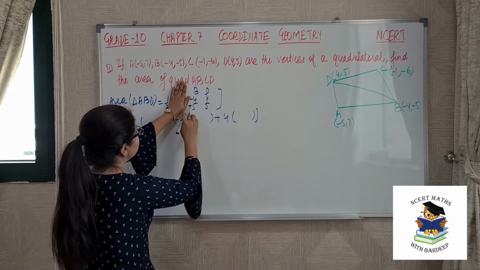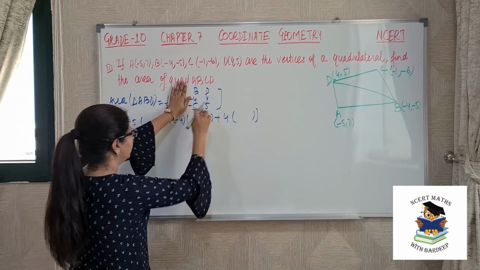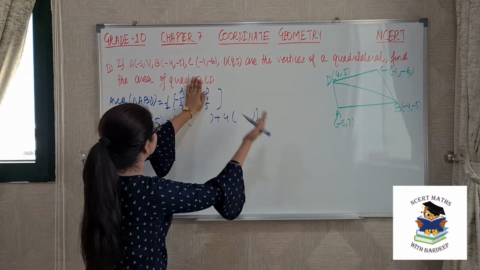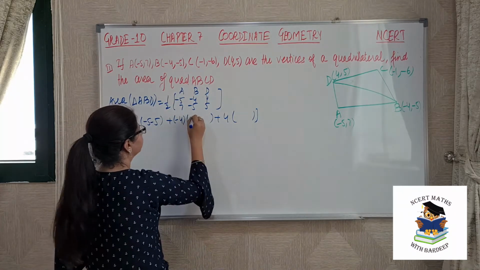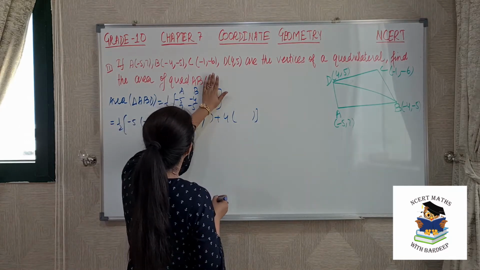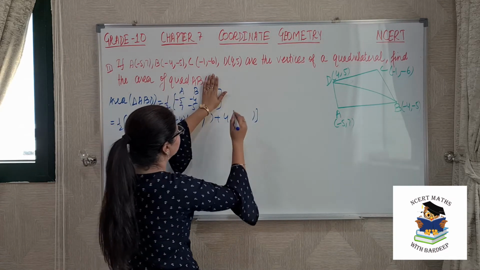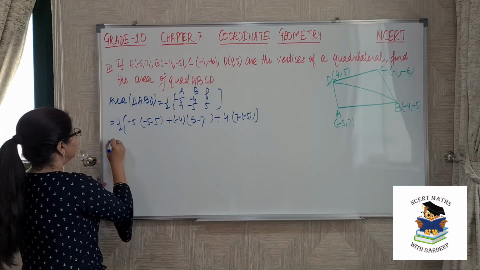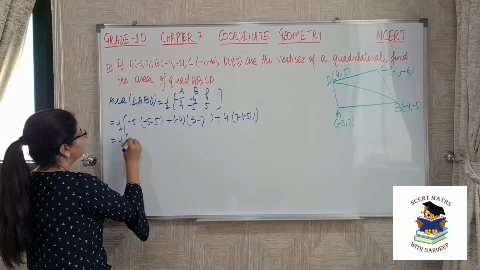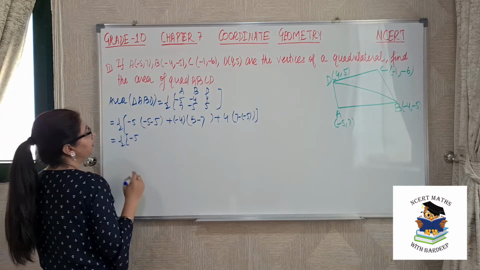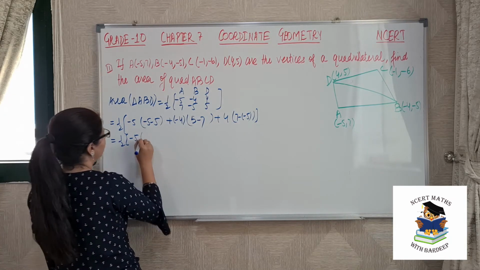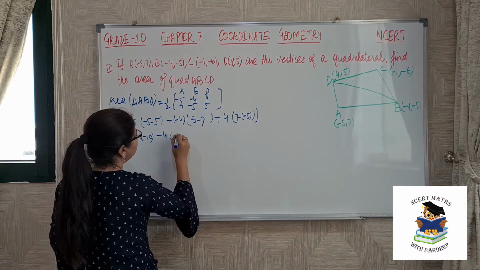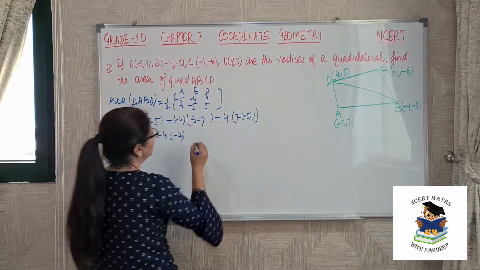For minus 5, this is minus 5. Minus 5. For this thing, this is difference of 5 and 7. For D point, difference of 7 and minus 5. Okay, so let's solve this. Minus 5 into minus 5 is minus 10. Now this is minus 4, 5 minus 7 is minus 2.